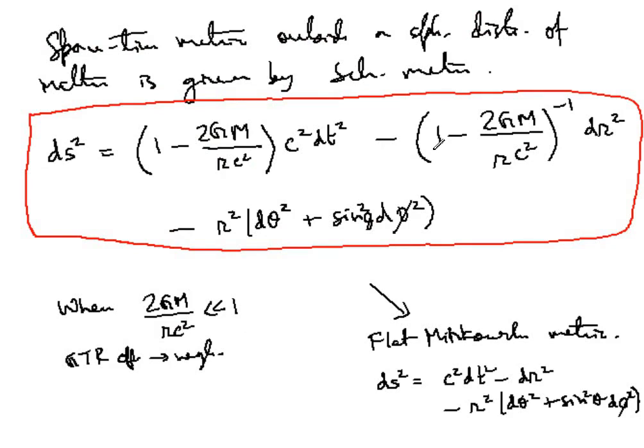Now again you see for this non-rotating star, when the radial coordinate of the star's surface has collapsed to the Schwarzschild radius, then what happens? Both bracketed terms in this metric go to 0. So let me write it.